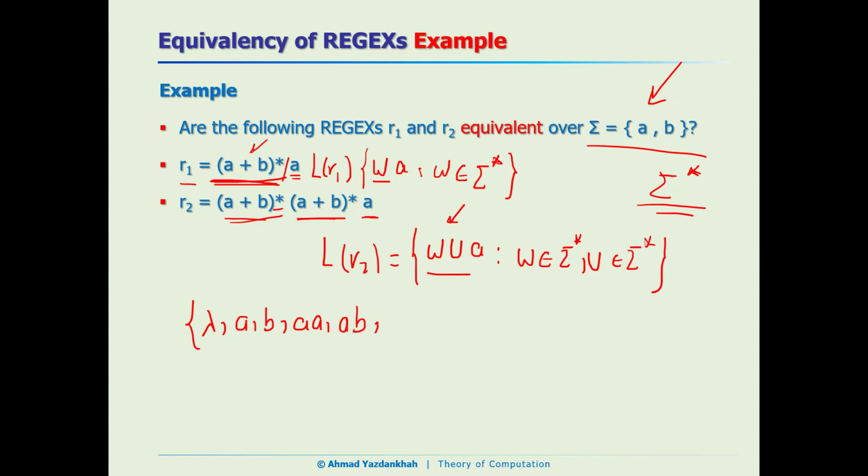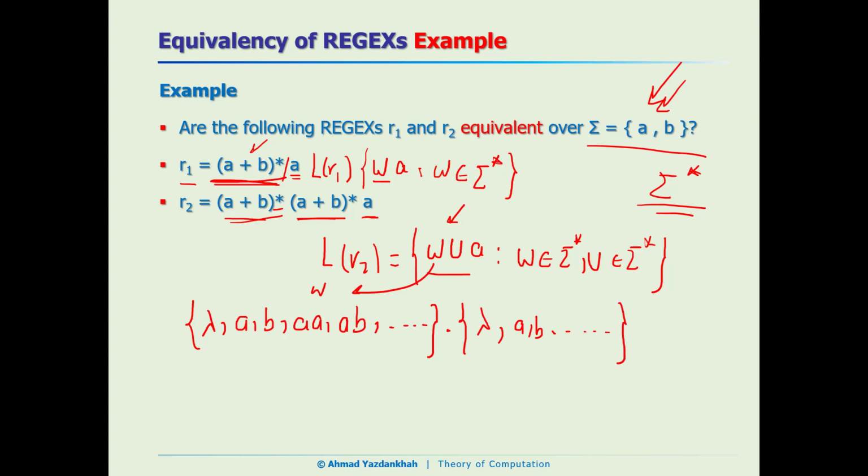You remember this, right? It is all strings that can be made by concatenating zero or more of these symbols. All right, so this is W, whatever this W is. And it should be concatenated with the same thing, lambda, A, B, and so on.